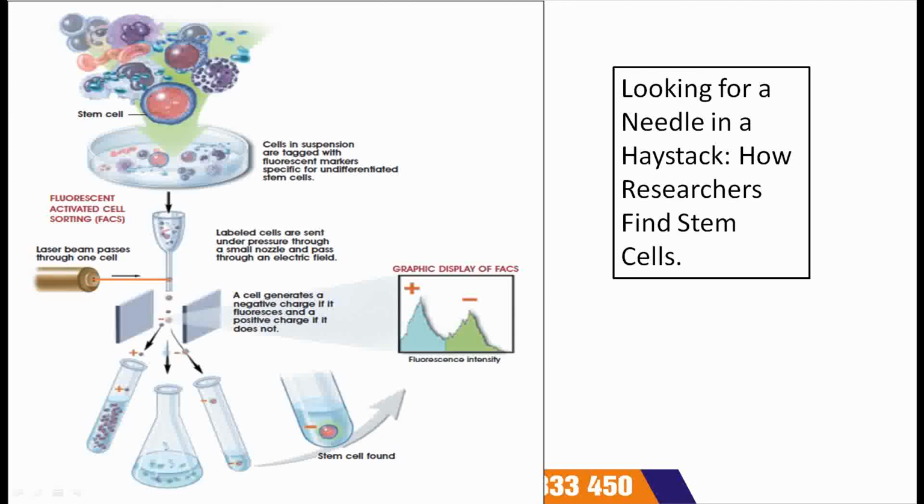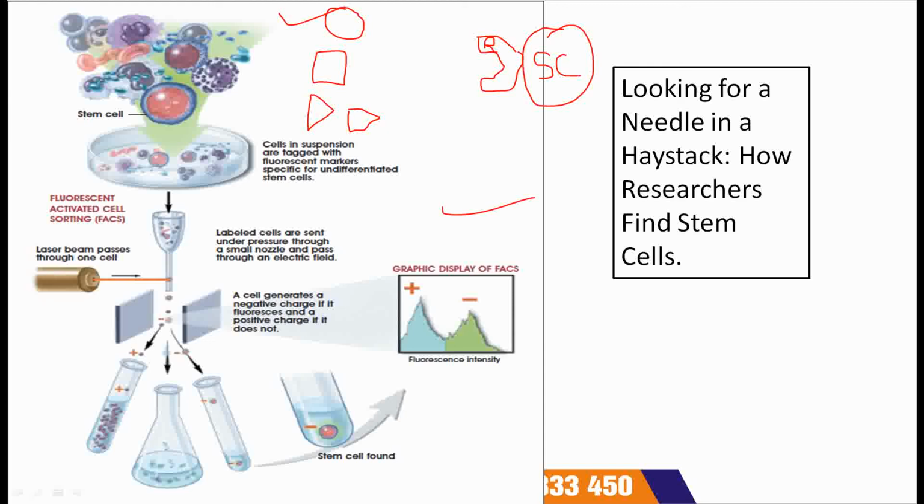If I draw a diagram, this is a stem cell and this is a receptor present on the stem cell. There are various kinds of surface markers present. These are surface markers, and there are various kinds of cells present. This surface marker is for other kinds of cells, but which one is for these stem cells?